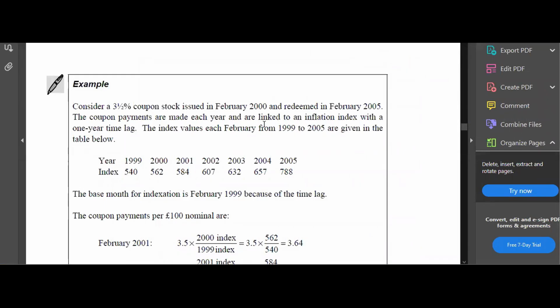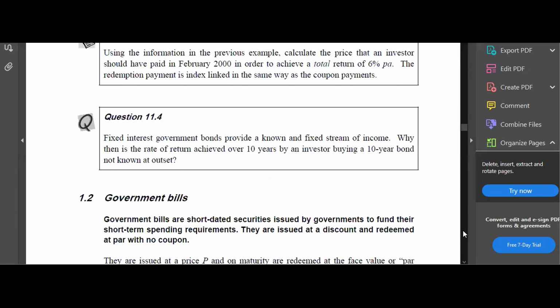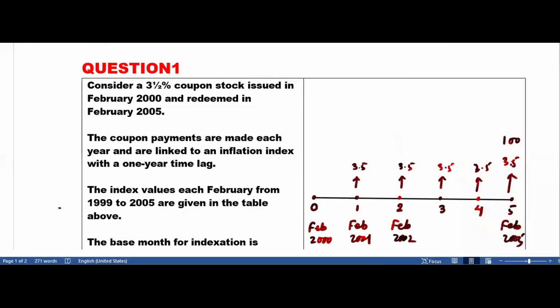Purchase price. So what you are doing here is pricing it. We'll give the price 11.3. We are not interested in that here.